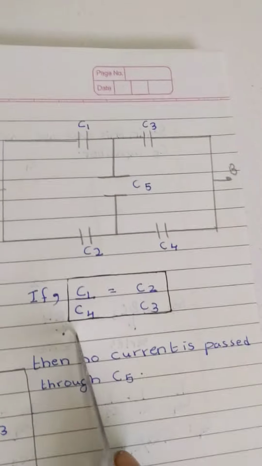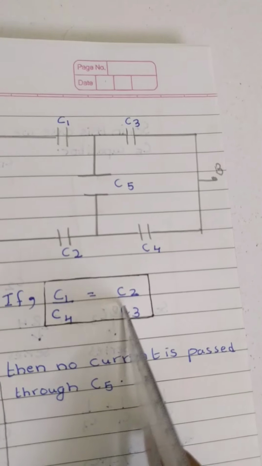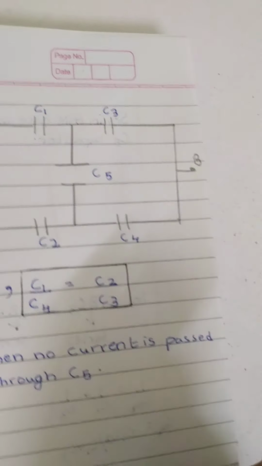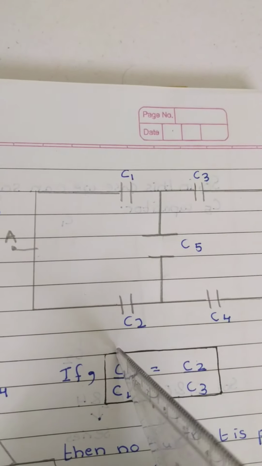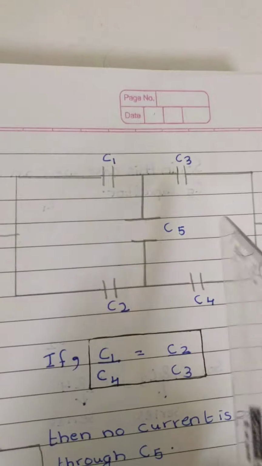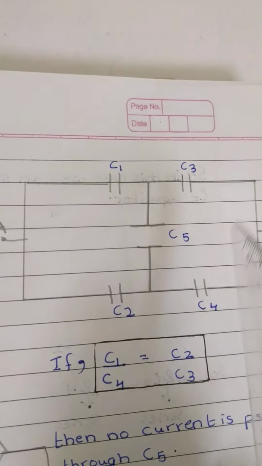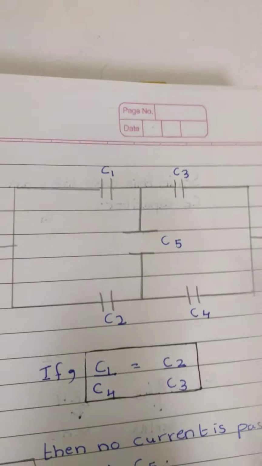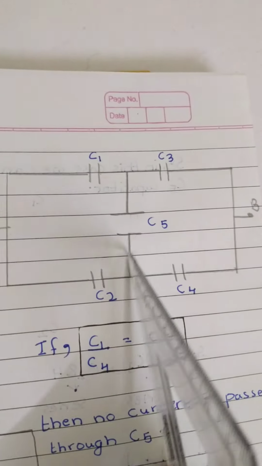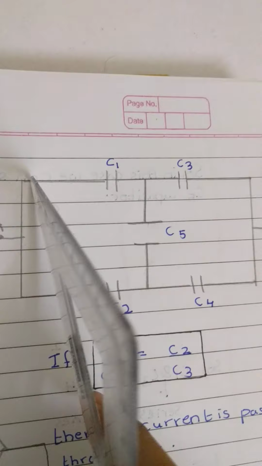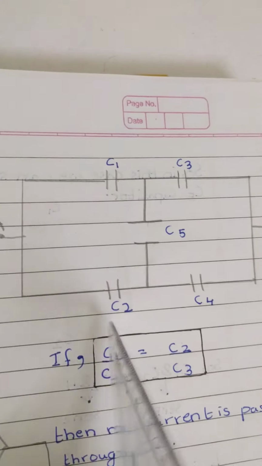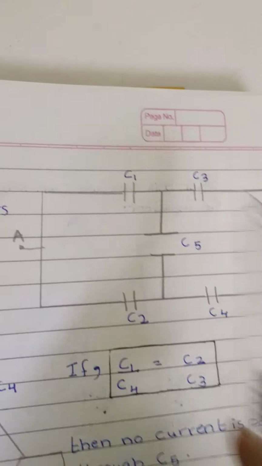Case number 1: if C1 by C2 is equal to C3 by C4, then there will be no current passing through C5, only through this area. So this is the formula for it.